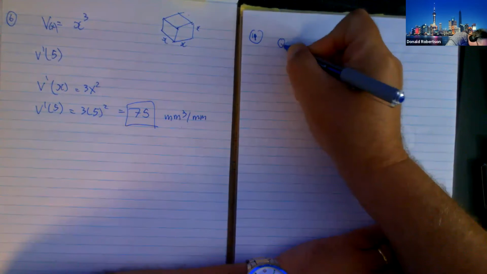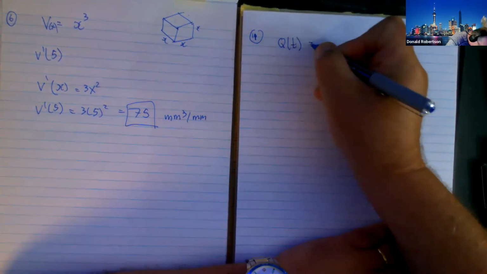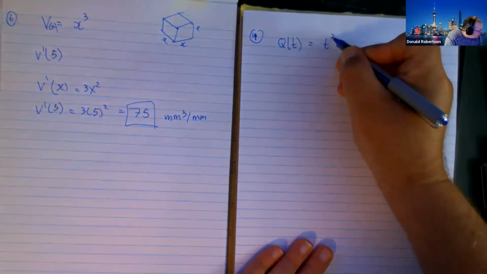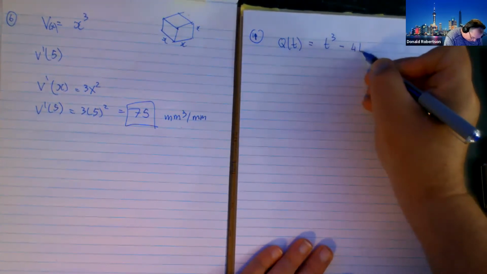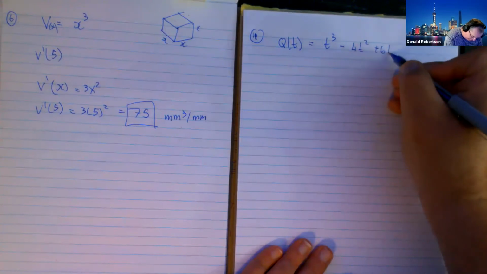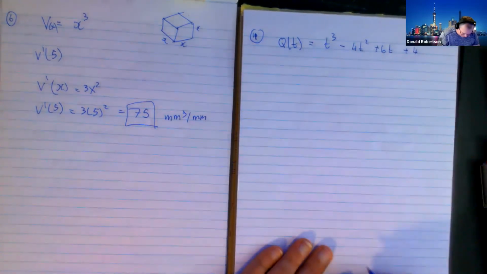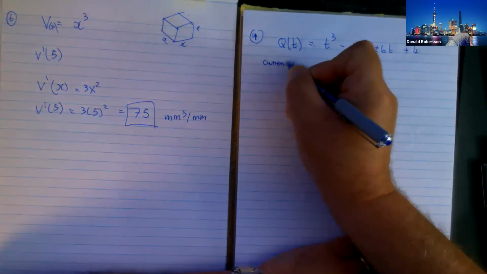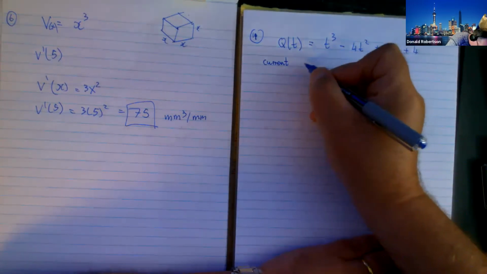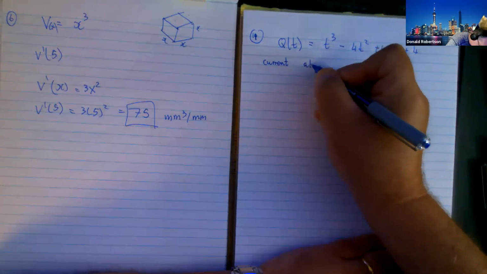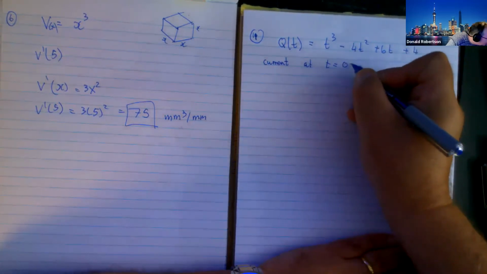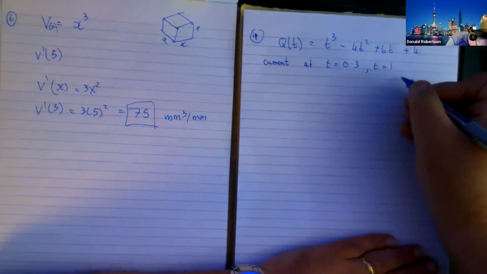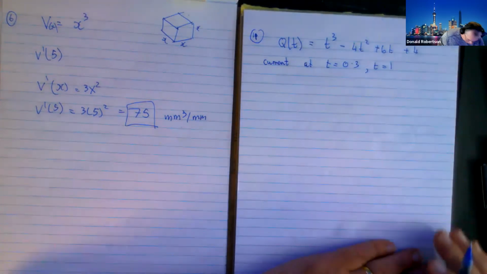And the quantity of charge at any given time t in a circuit is given by t cubed take away 4t squared plus 6t plus 4. And they ask me to find the current at t equals 0.3, and then at t equals 1, and then after that they ask me for the lowest current.